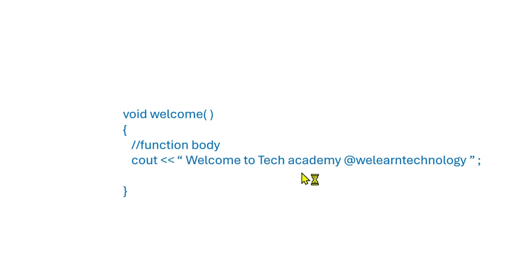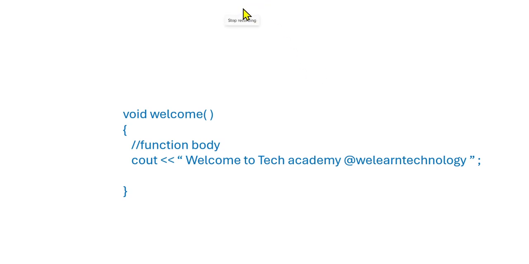This is the output we want. When we call this function welcome, this should be the output of the program. This is normally called the function declaration, and to call this function we just have to write welcome. Let's see in an actual example how to do that.